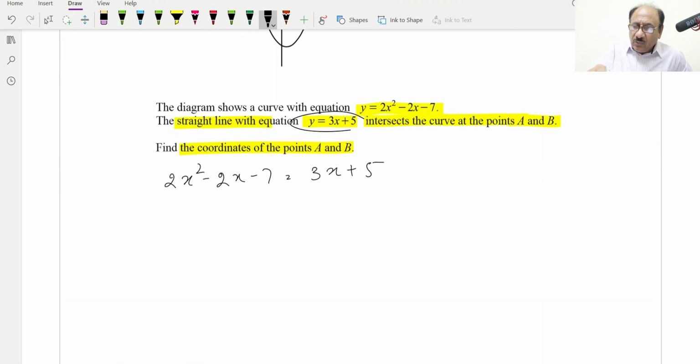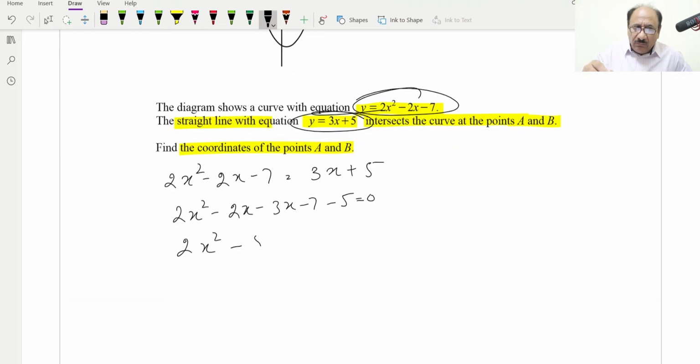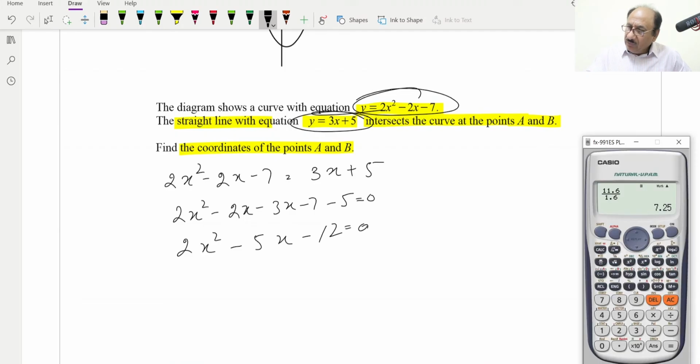So we have equated these two equations, and now we can simplify. This will be 2x squared - 2x - 3x - 7 - 5 is equal to 0. Simplifying, this is 2x squared - 5x - 12 is equal to 0. Further, we can check for the factors.